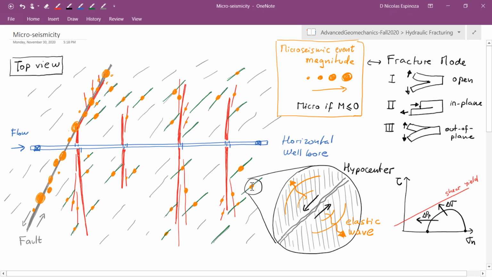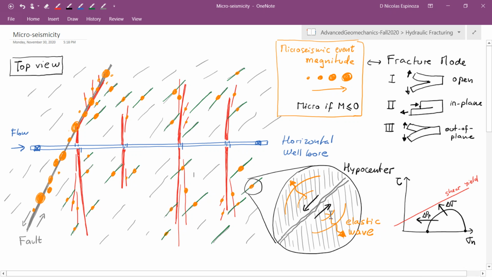Each of these dots is a hypocenter, which can be triangulated in order to obtain its location. But physically, all of these events of microseismicity are events of shear failure or reactivation. That means that the Mohr circle goes into the shear yield line.